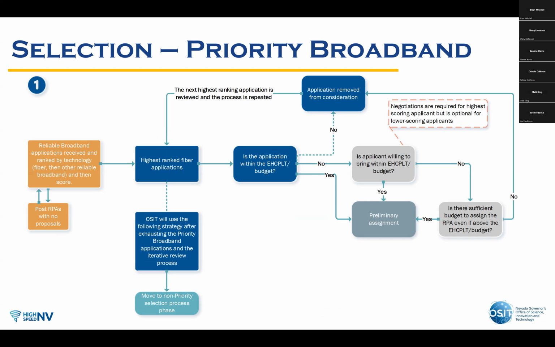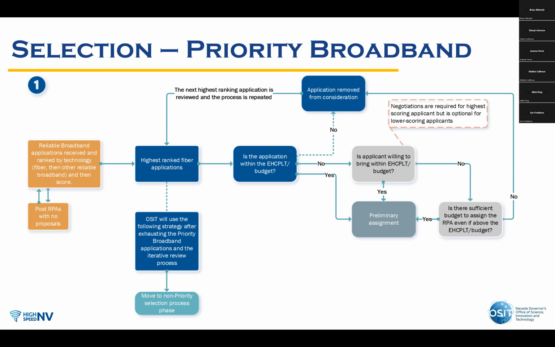So let's start with 1, priority broadband applications, end-to-end fiber applications. The process starts on the left with the orange box, where the applications are received and they are then ranked, first by technology, because fiber has to be highest under NTIA's prioritization, then by other reliable broadband services, and then by score.